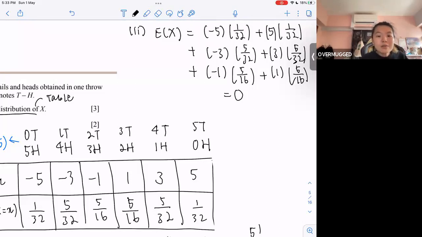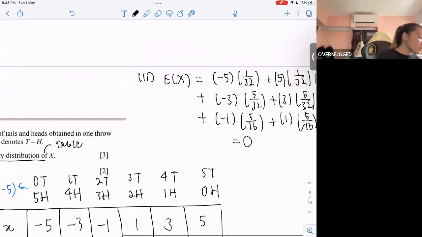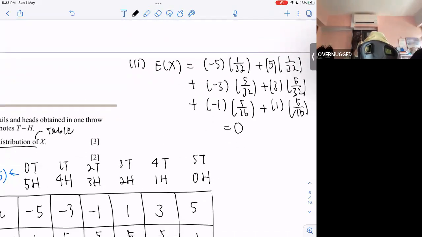What about the variance of x? Remember your variance formula: E of x squared minus E of x, the whole thing squared.